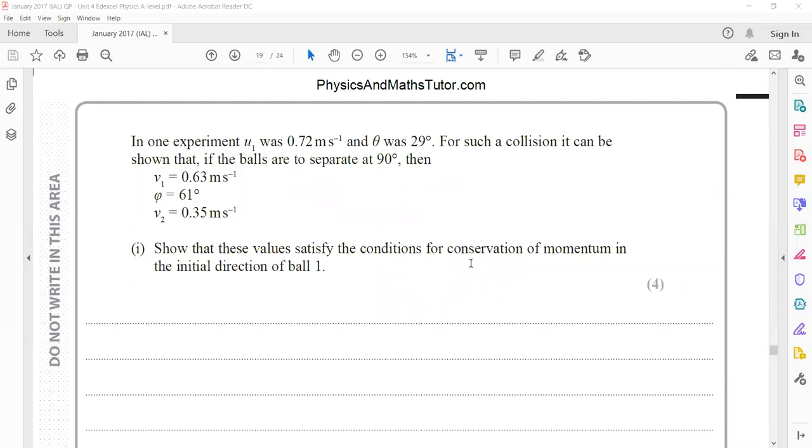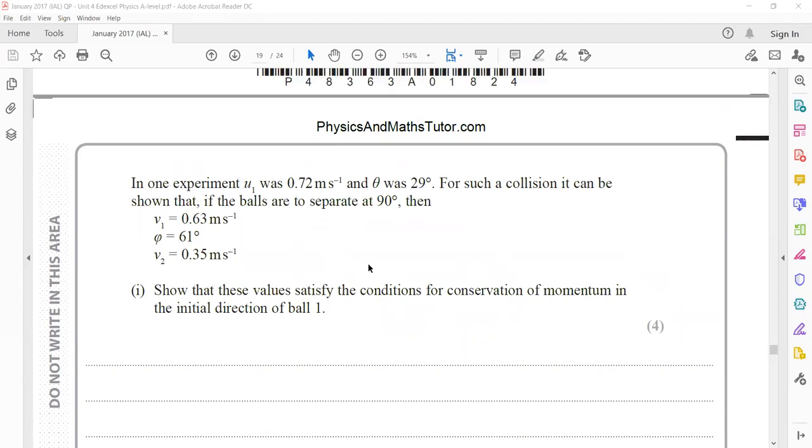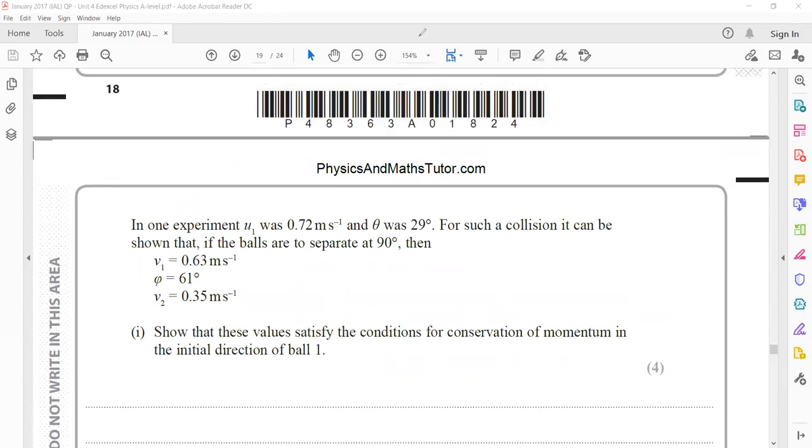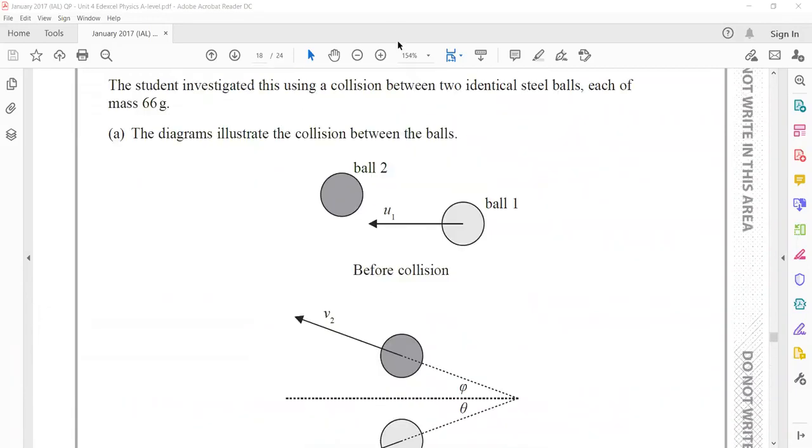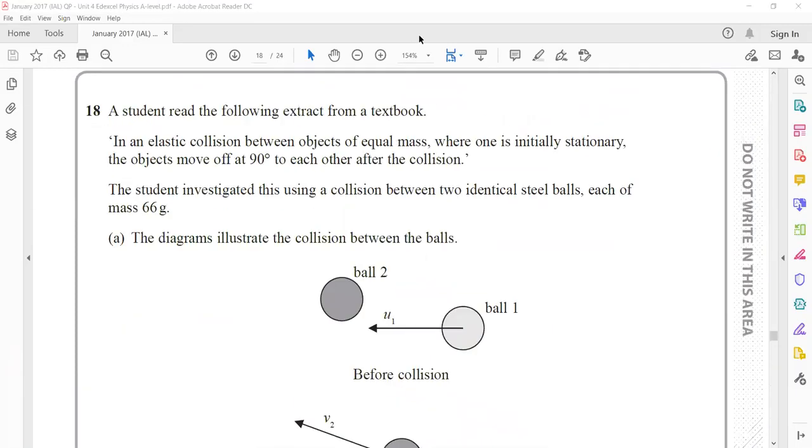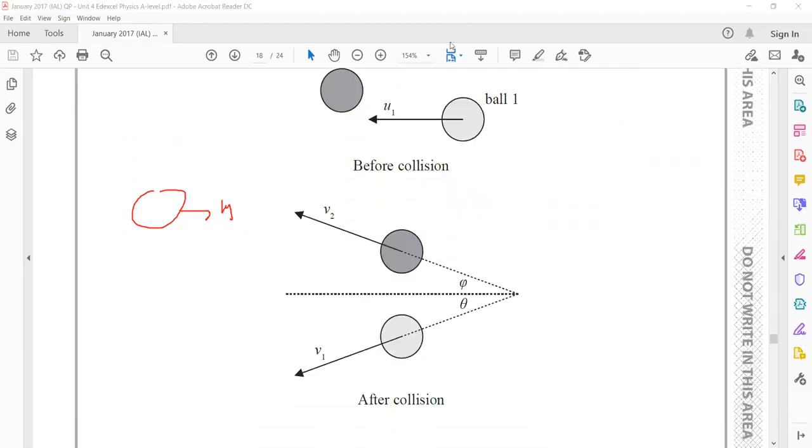Show that these values justify the condition for conservation of momentum in the initial direction of ball 1, meaning conservation of momentum in x. We have all the values. The mass is in grams, so we will convert into kilograms, the SI unit. In the initial direction, we take conservation of momentum in x, so we will resolve this into two components. The one along the initial direction will be v2 cos phi and v1 cos theta.